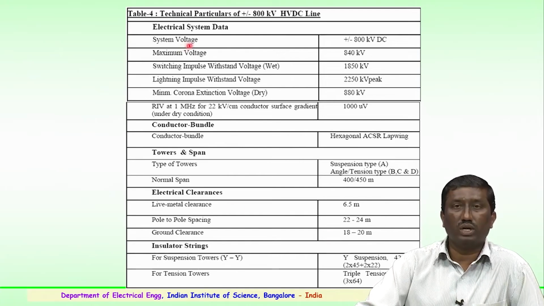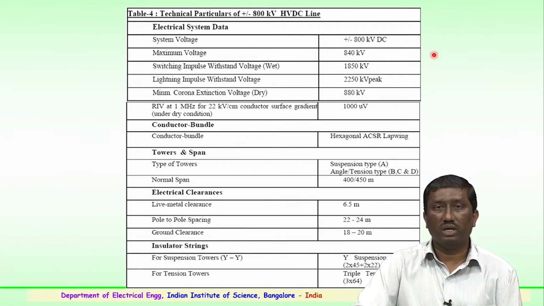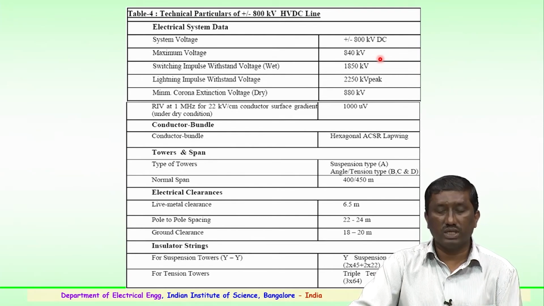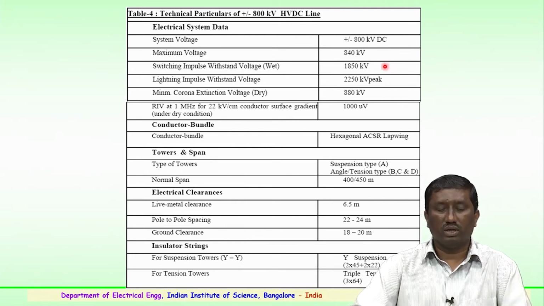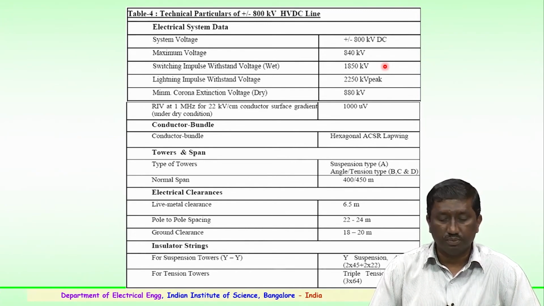The system operating voltage is plus minus 800 kV DC. The maximum voltage is 840 kV for the 800 kV system. The switching impulse withstand voltage, for rain or wet conditions, is 1850 kilovolts, and the lightning impulse withstand voltage is 2250 kilovolts peak DC.